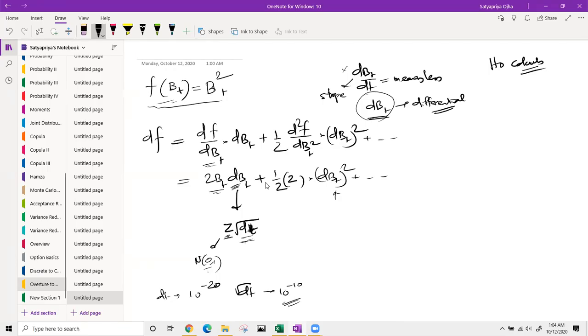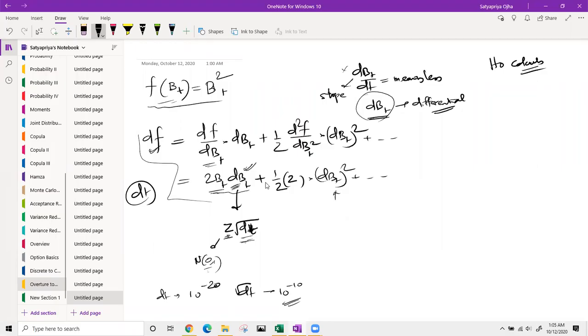I am constructing this equation to measure changes in the time interval dt. Everything I'm checking is what happens in the time interval dt. Brownian motion changes by dbt, the function changes by df. How much is everything changing in the time interval dt?